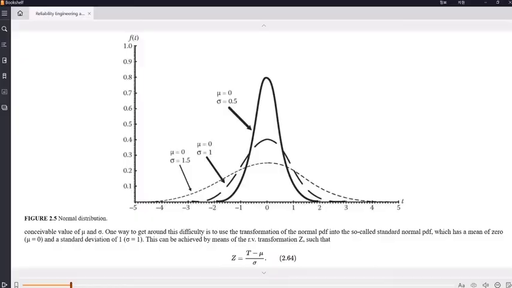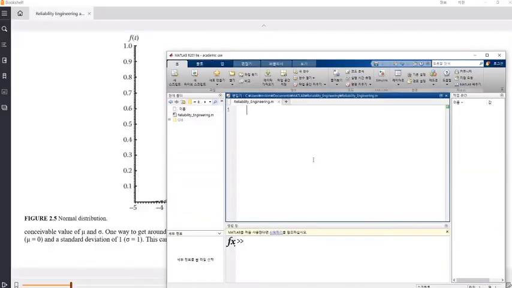So how can such distributions be utilized in MATLAB? Mu would be the mean value, so let's put it as 0. Standard deviation, sigma, is given as 1.